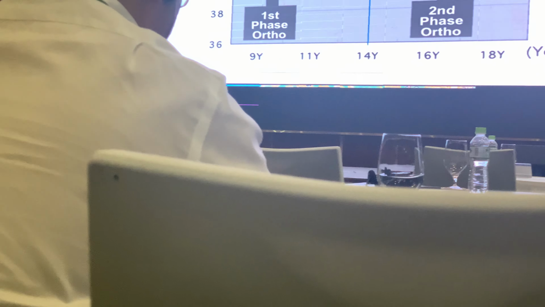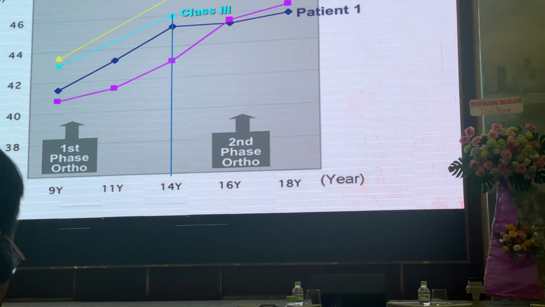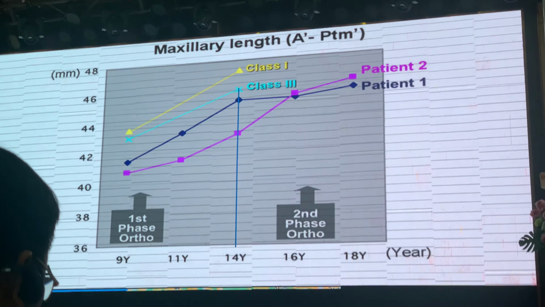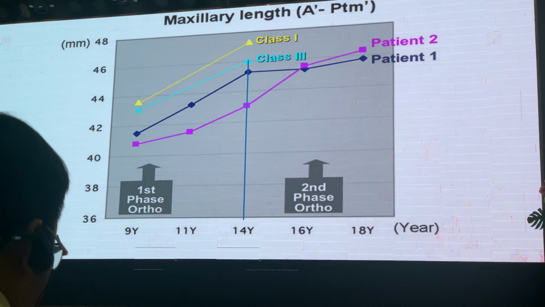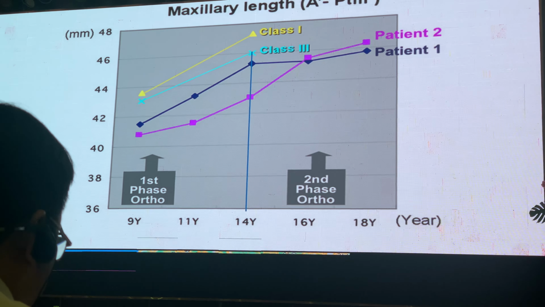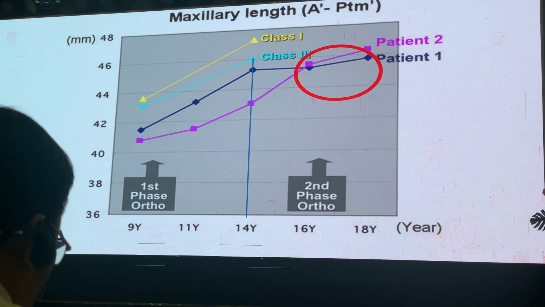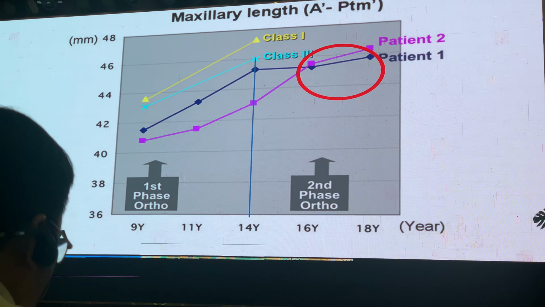However, when you look at the maxillary length, after the phase 1 treatment, the patient 1 got bigger maxillary length, and it goes to the 14 years old. But look at the 16 years old. Patient 1 and patient 2 are same size of maxilla.